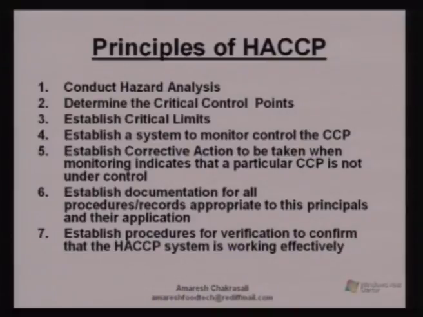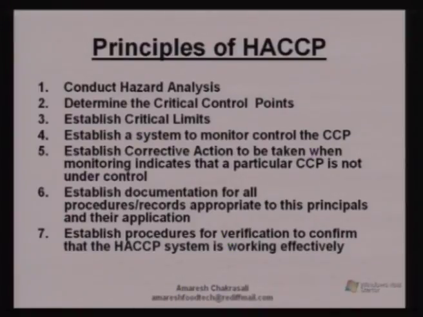Then establish corrective action to be taken when monitoring indicates that a particular CCP is not under control. For example, in a juice manufacturing process, if the temperature falls for some reason, what corrective action do we take?